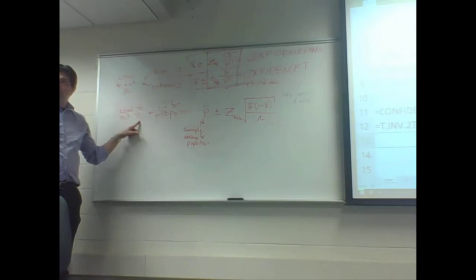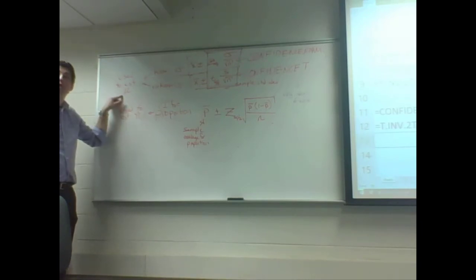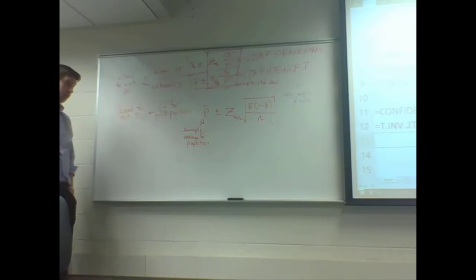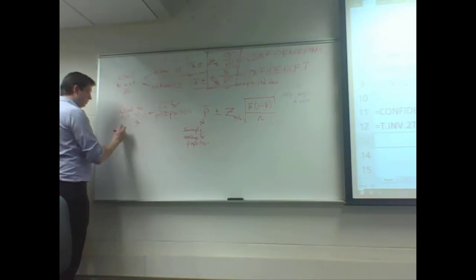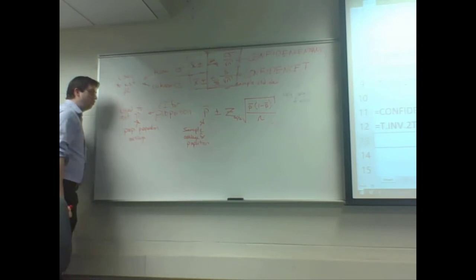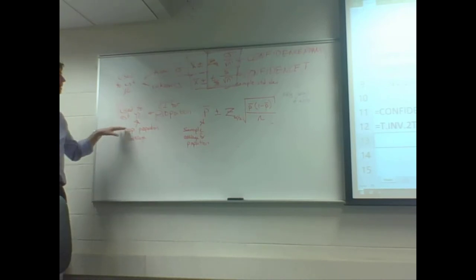This is a variable. Just like we like using Greek letters for population values, like mu and sigma, this is our Greek letter for the population proportion. We are trying to estimate this. So we're trying to estimate the population proportion.